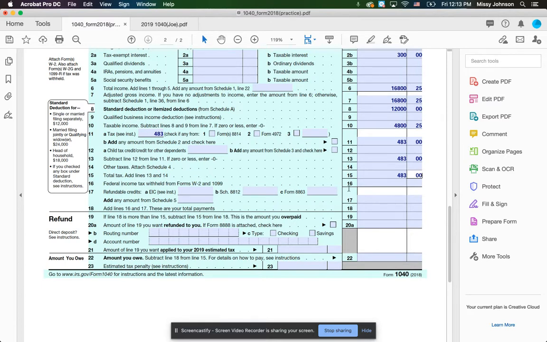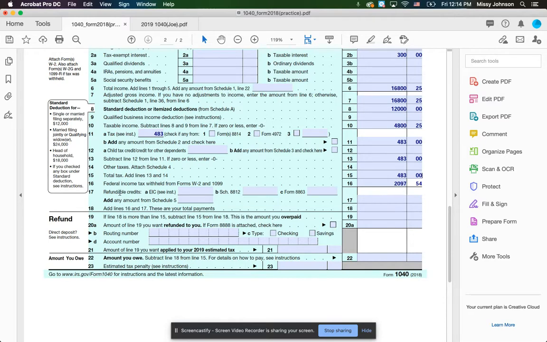If you look at the bottom of your handout, in box 2, which is the top of the second column of numbers, it says 2,097 and 54 cents. So that's what we have already paid in. Over the course of the year, what was withheld from our pay was a total of $2,097.